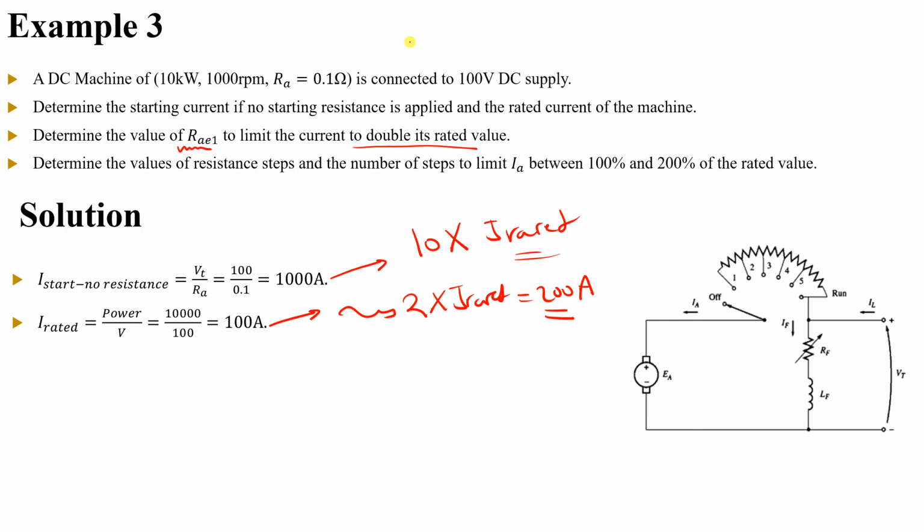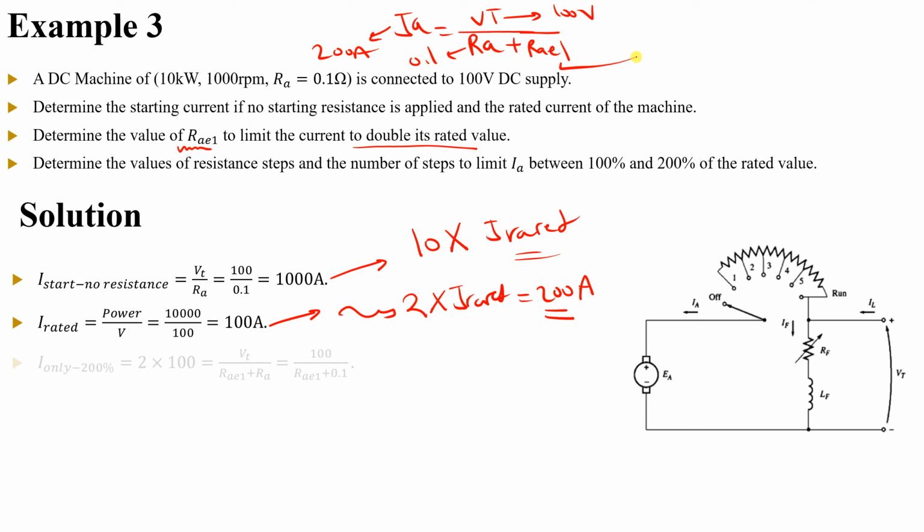So our current equals V terminal over R armature plus the additional resistance R_E1. Our current is 200 amperes, V terminal is 100 volt, over R_A plus R_E1. Our armature resistance is 0.1, and we can get R_E1.